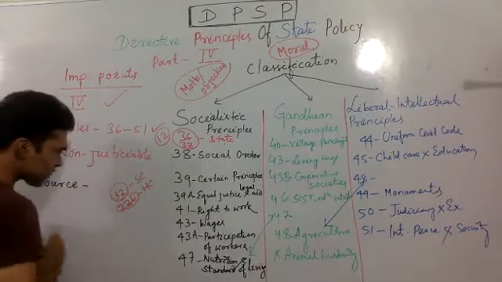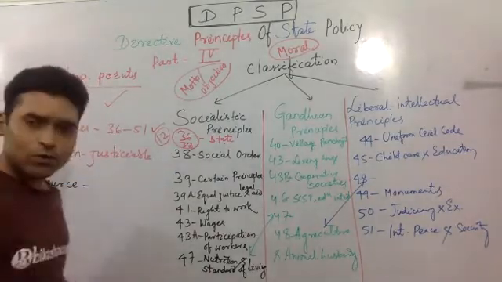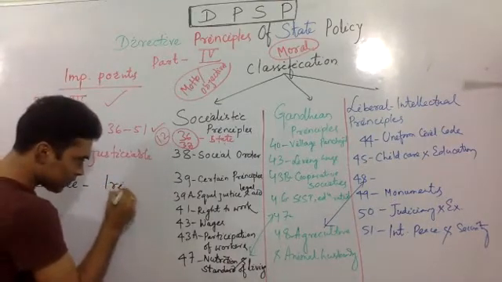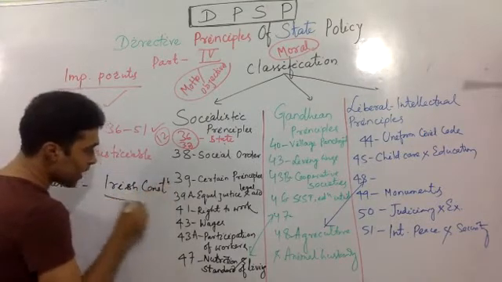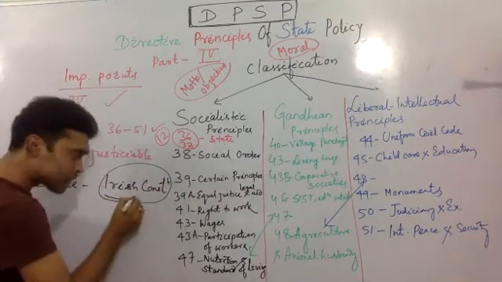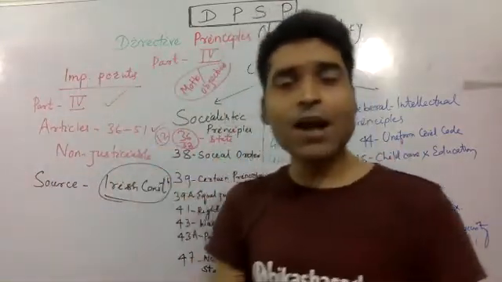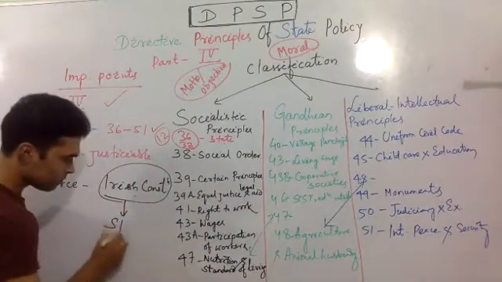You see, first of all, we have to understand one point. If you talk about source, we have borrowed it from the Irish Constitution, which is the Constitution of Ireland, and Ireland has borrowed the concept from the Spanish Constitution.